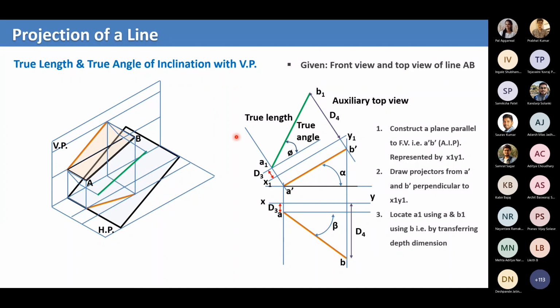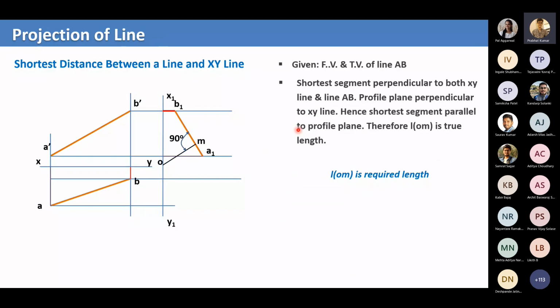This is that angle. So wherever you have the true length, you get the true angle also. Okay, any more doubts? We can move ahead. Yes, so that's it.